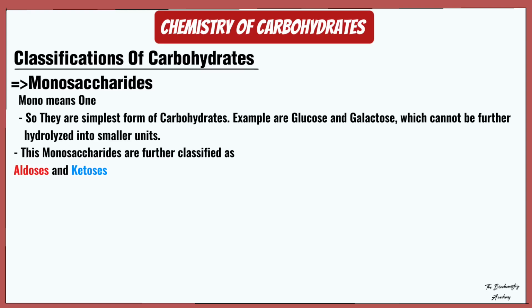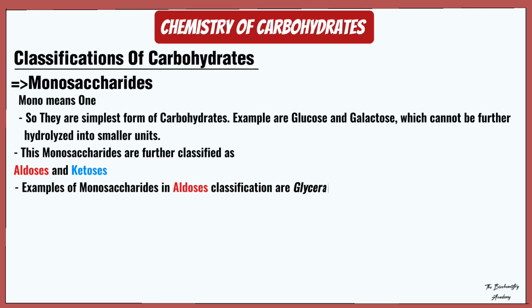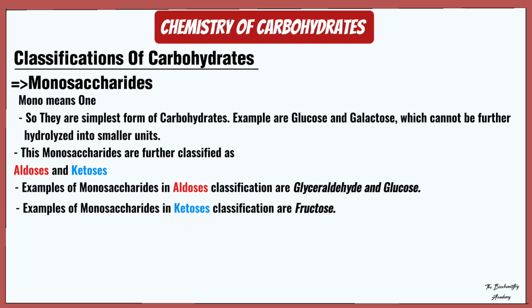Aldoses are the ones that have an aldehyde in their functional group, while ketoses are the ones that have a ketone in their functional group. Examples of monosaccharides in the aldoses are glyceraldehyde and glucose. An example in the ketoses is fructose.